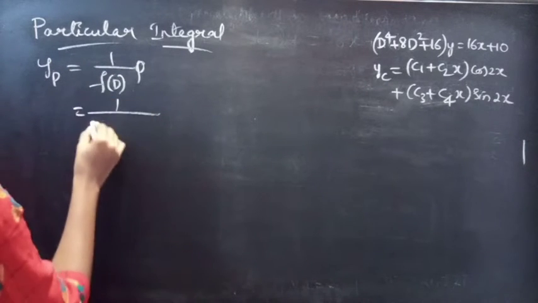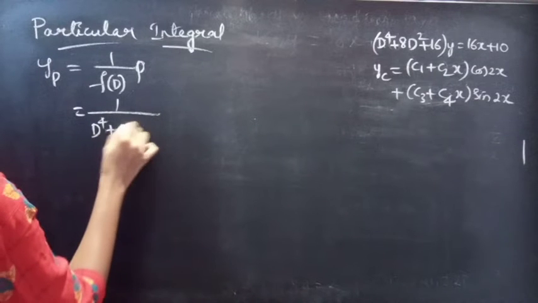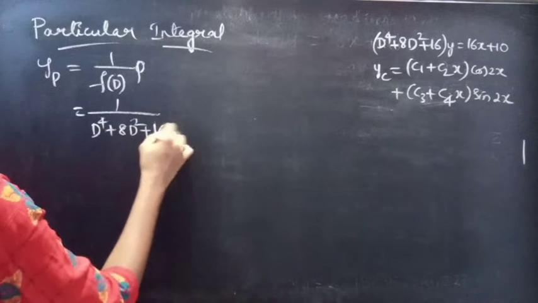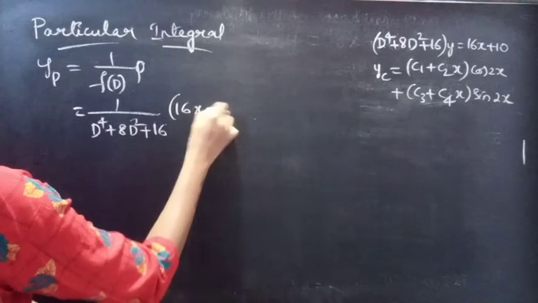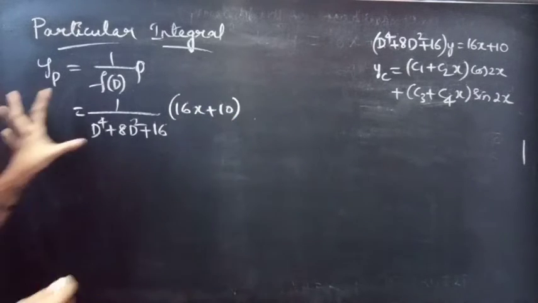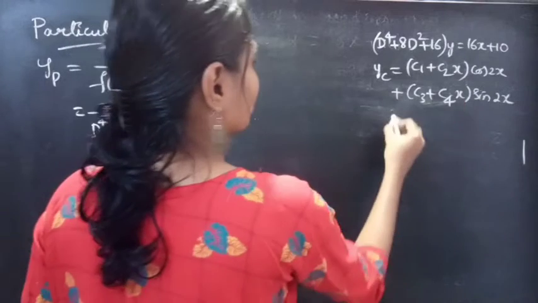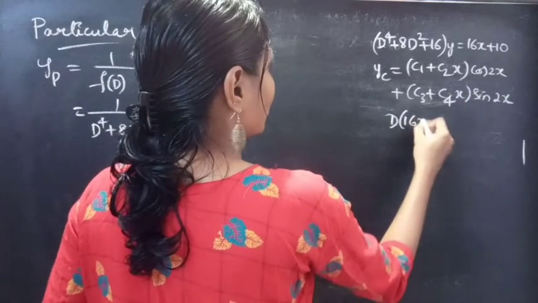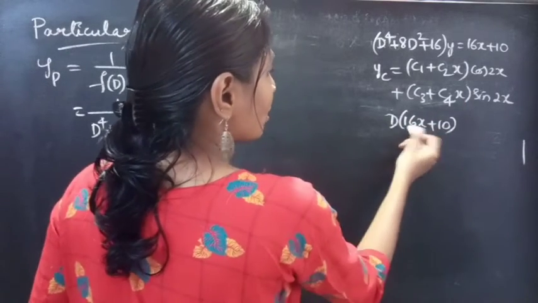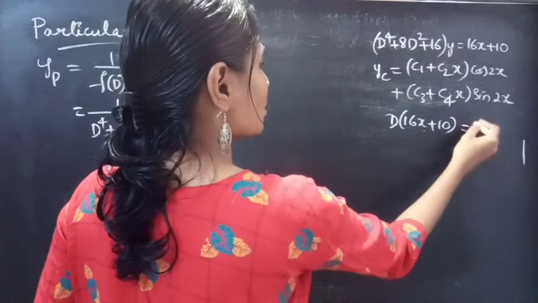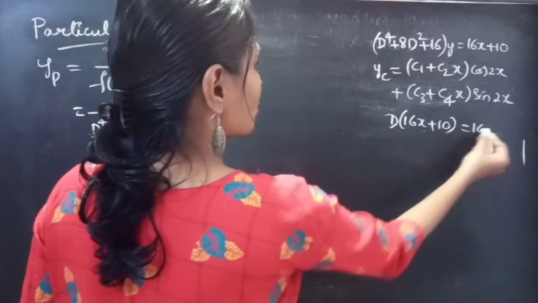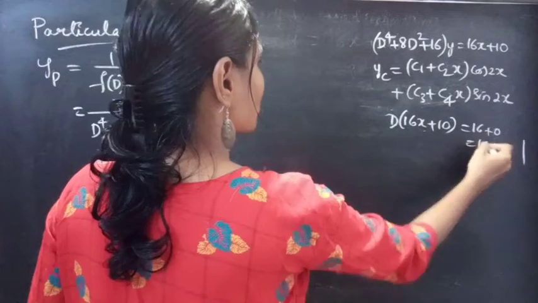We have f of d, d power 4 plus 8d square plus 16, into q, 16x plus 10. So before going to yp, let's find derivatives of q. Derivative of q is, derivative of 16x with respect to x is 16 plus derivative of constant is 0, which is equal to 16, right?